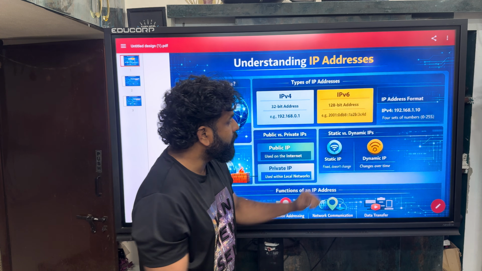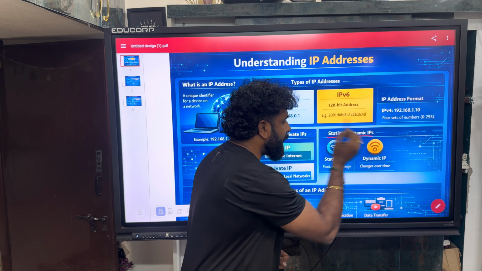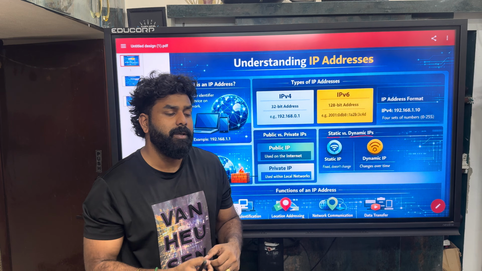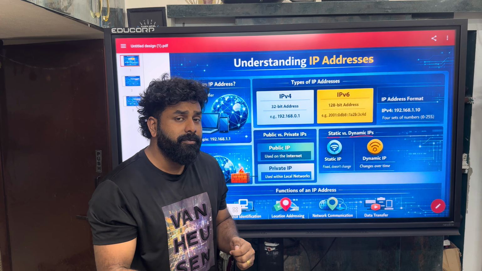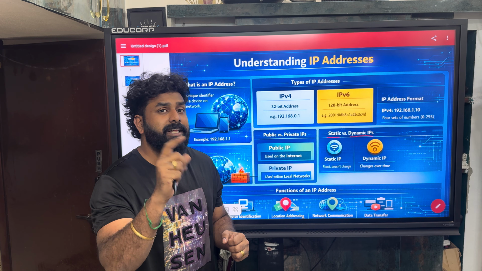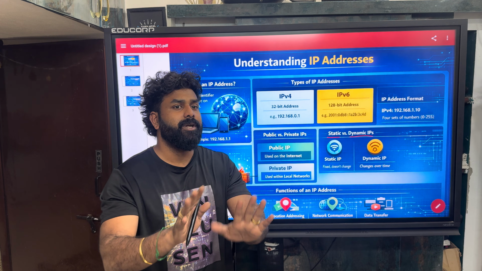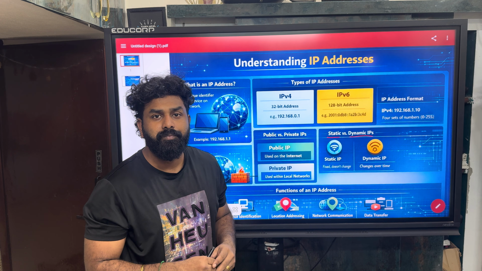Now we can even have static and dynamic IPs. Static IP means you are buying the public IP or you are manually configuring a computer with an IP address. You are telling this device will have only this IP address permanently fixed.